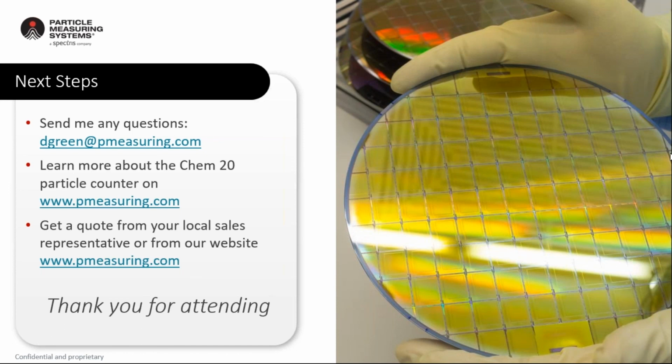What we've learned since we started using the Chem 20 in some of these applications is that there can be some things happening within the system that are fairly specific about the size of particle contamination that occurs.